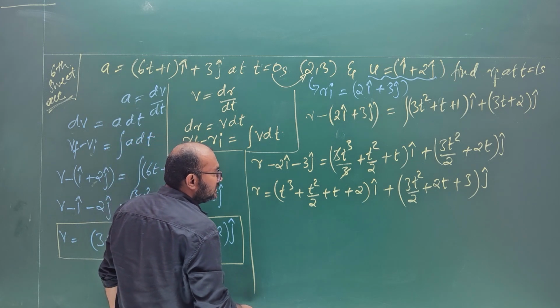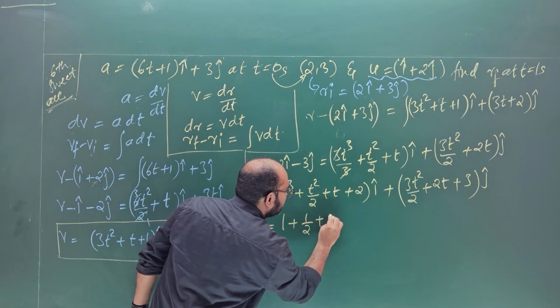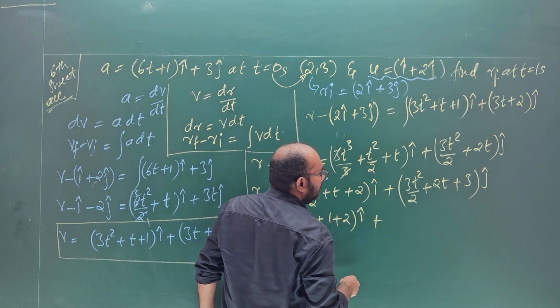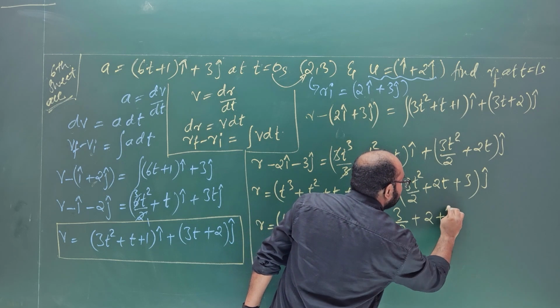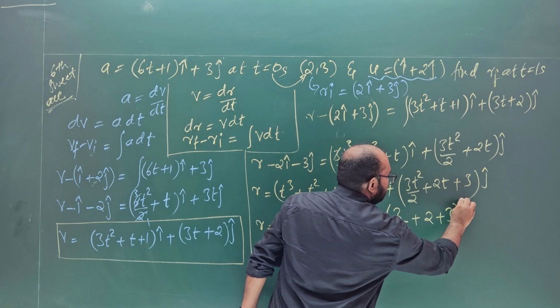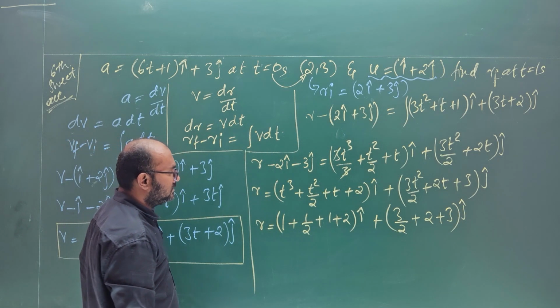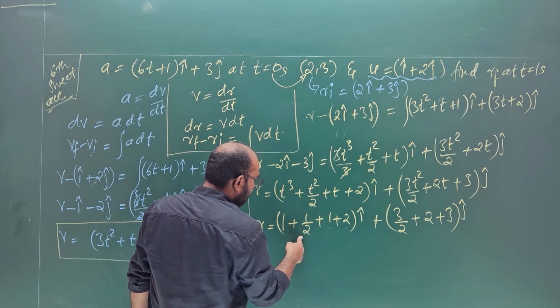So substituting t equals 1, r becomes 1 plus 1 by 2 plus 1 plus 2 i cap, plus 3 by 2 plus 2 plus 3 j cap. Okay. And solving this, 3, 4, 4 plus half, 9 by 2.